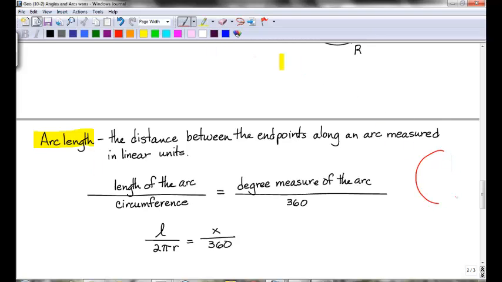If I take a circle and measure in inches, if I took a string and laid it along the edge, the length of that arc is a distance.